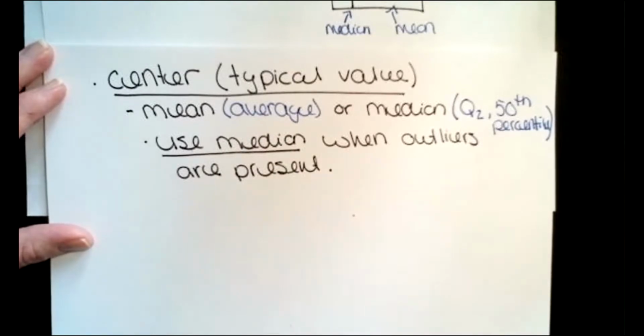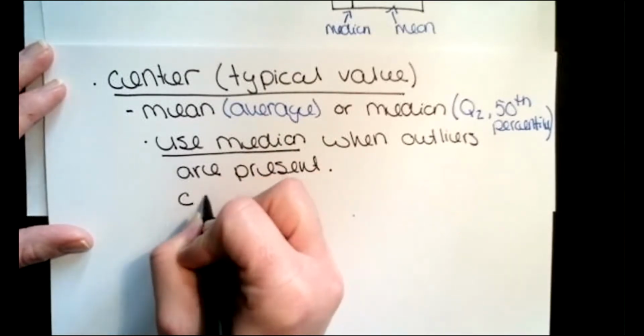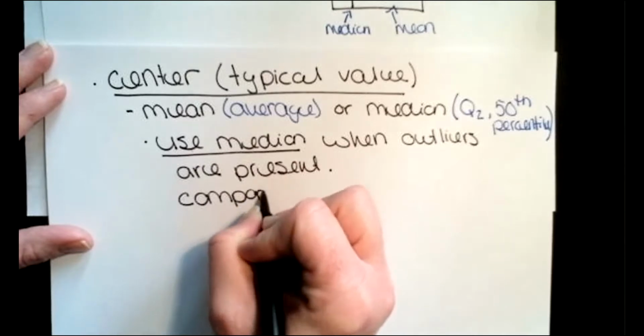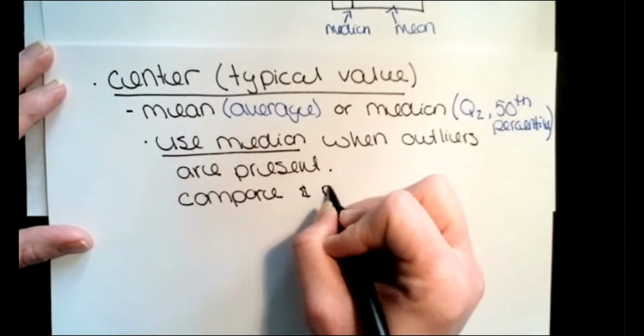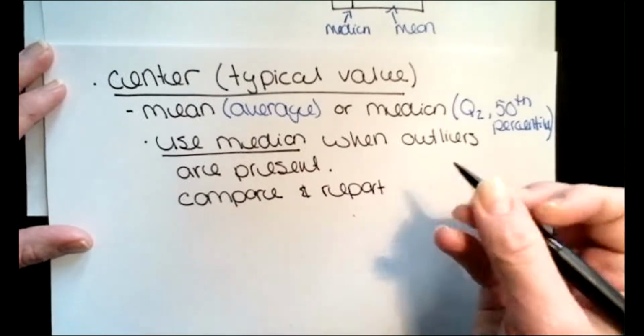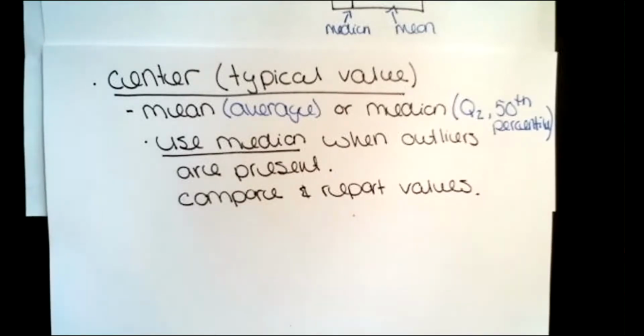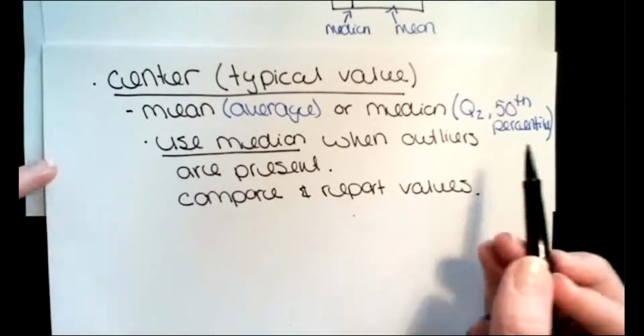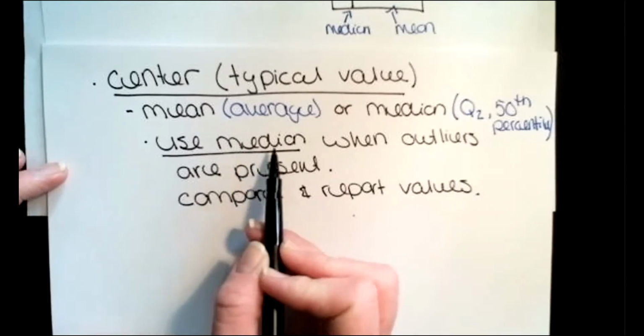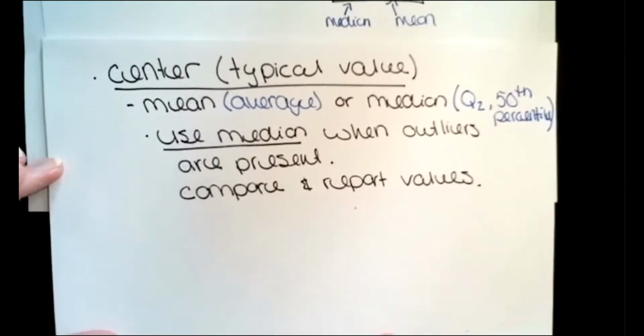And what we're going to do is compare and report values. So when I ask about the center, if we have outliers, we talked about this a lot in stat 1, how important outliers are. And right here, it's coming up again in stat 2 already. If I have outliers, I'm going to use that median, okay?